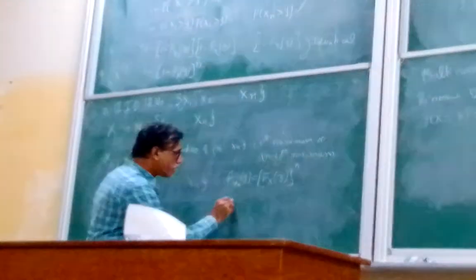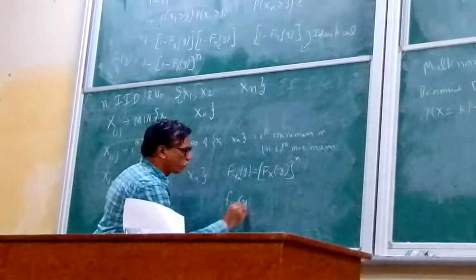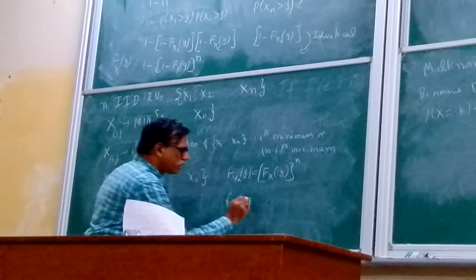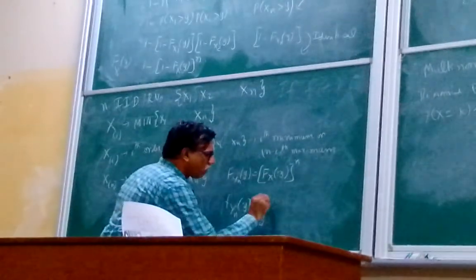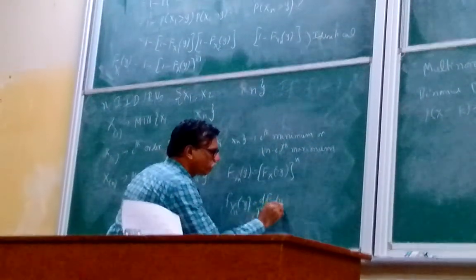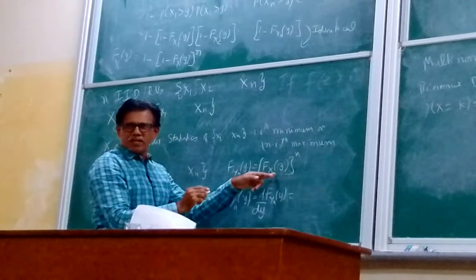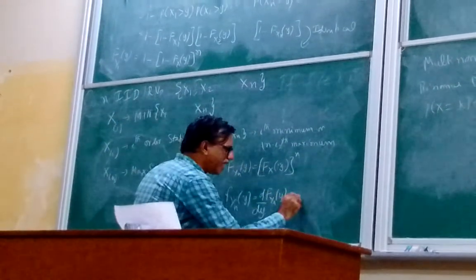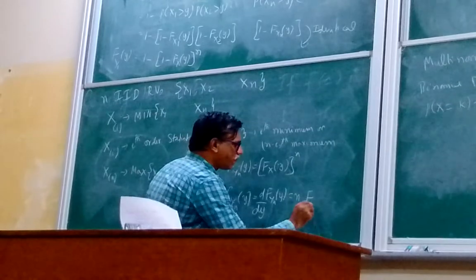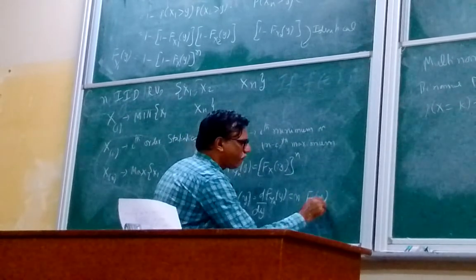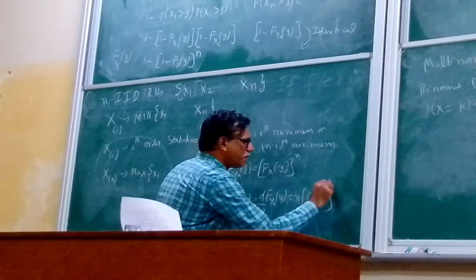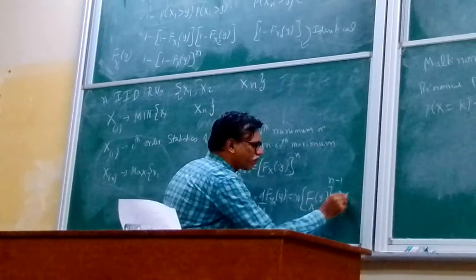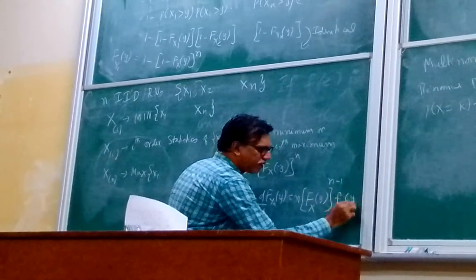So if you want f_Yn of y, the density function of y, which is d by dy of F_Yn of y, that is again differentiated with respect to small y. So n F_X(y) to the power n minus 1 into f_X(x) evaluated at y.